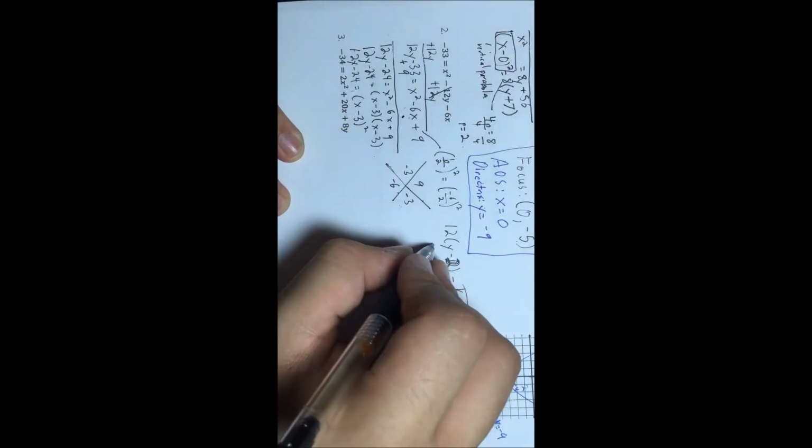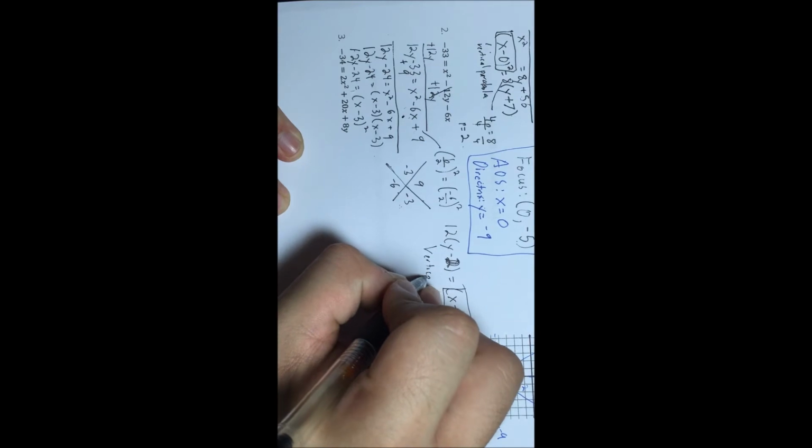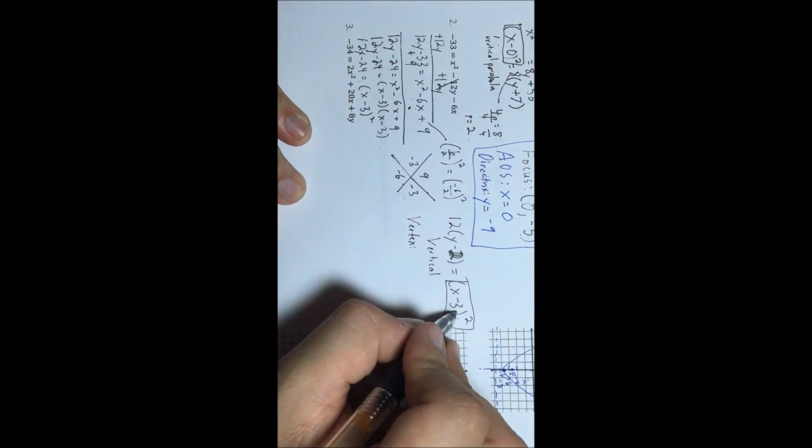Also, we know that it is a vertical parabola, again, because the x's are the thing getting squared. So, for the vertex, what's attached to the x is the 3, and what's attached to the y is 2, so we have (3, 2).